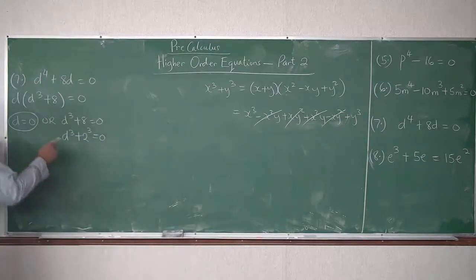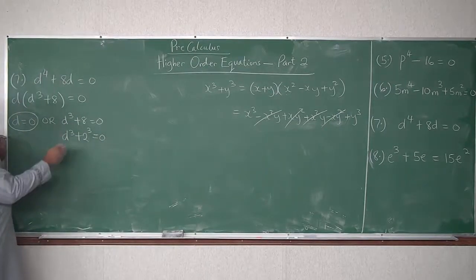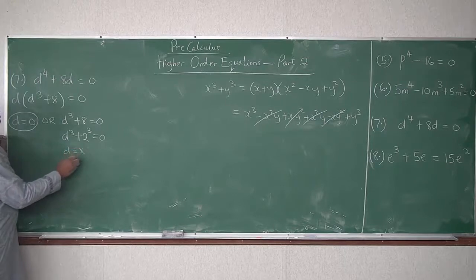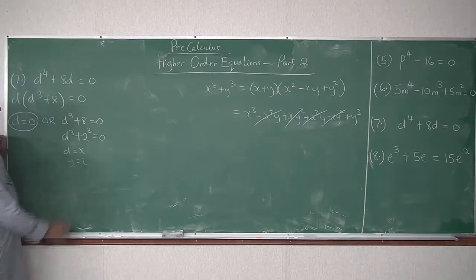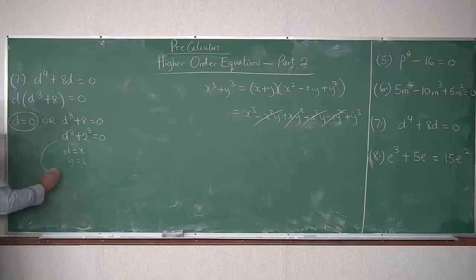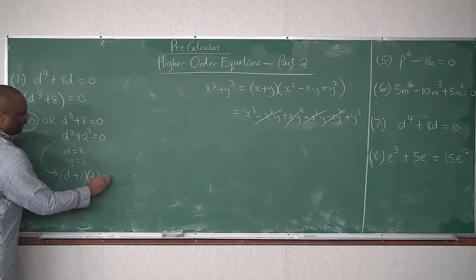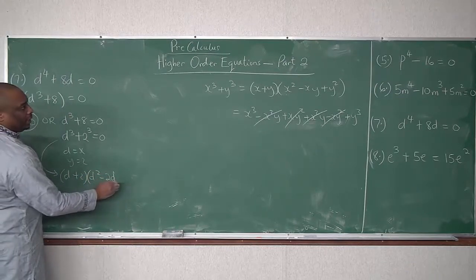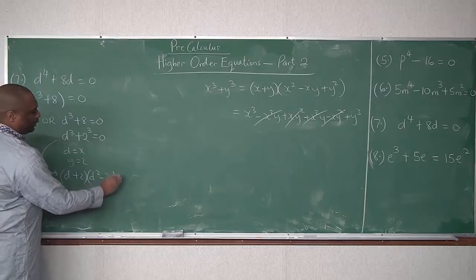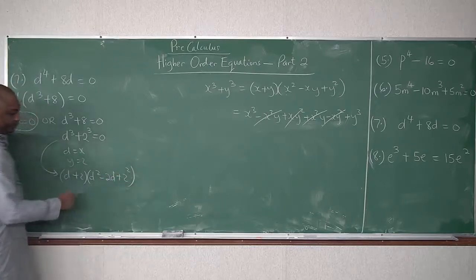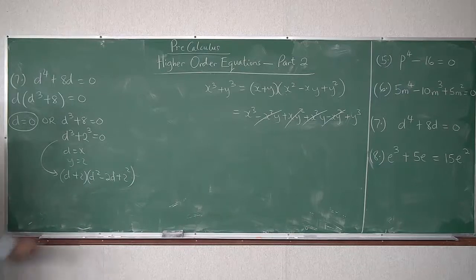So what now? In this case, d is x, and y is 2. Are you with me? So what would this be now? d plus 2 times d squared minus 2d plus 2 squared, equal to 0.